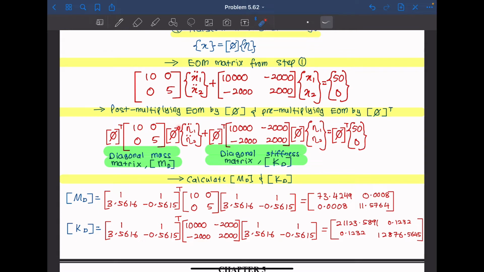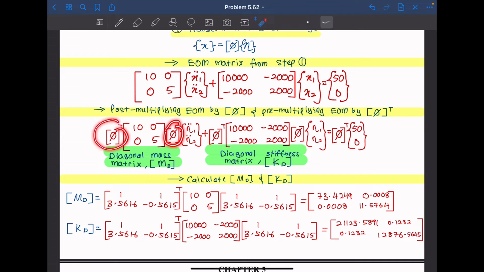This is post-multiply: multiply the mass matrix after by the modal matrix, and pre-multiply by the transpose of the modal matrix. So this is your mass matrix, post-multiplied with the modal matrix, and pre-multiplied by the transpose of the modal matrix.